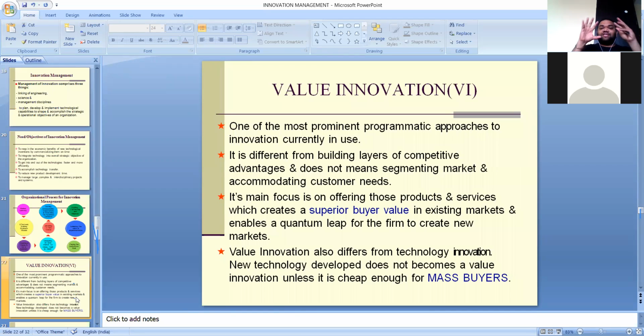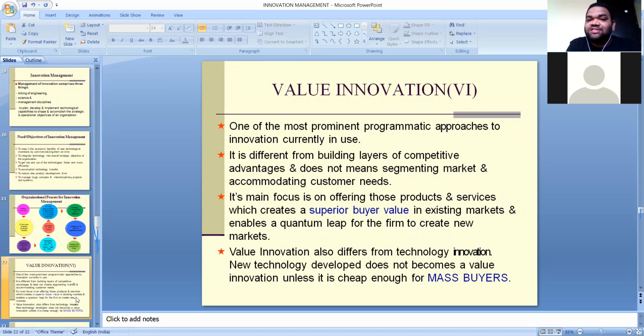If your product is dividing any market, and also accommodating the customer needs, if they are satisfying the customer needs, that is not a value innovation. Don't define it like that.